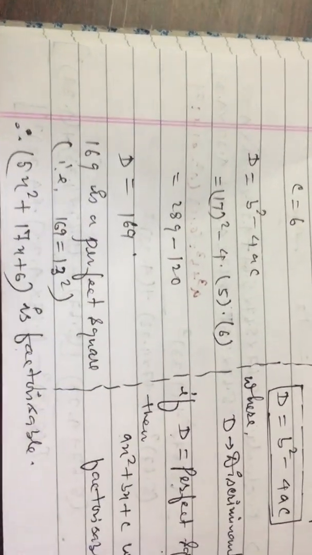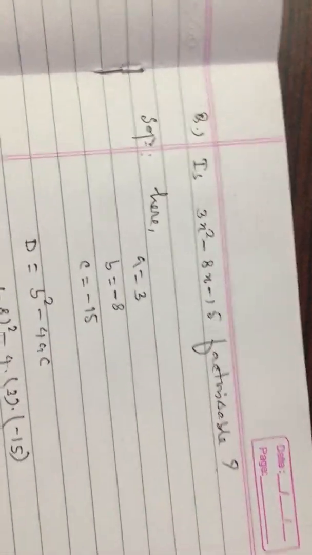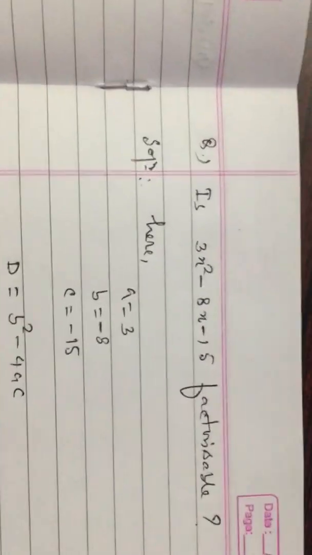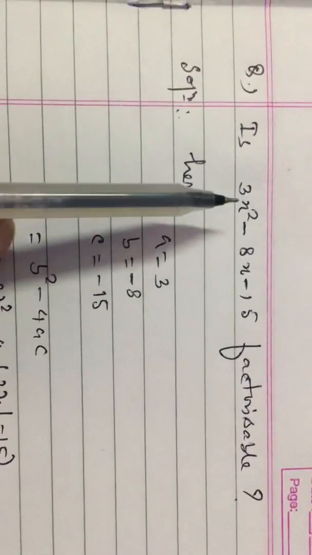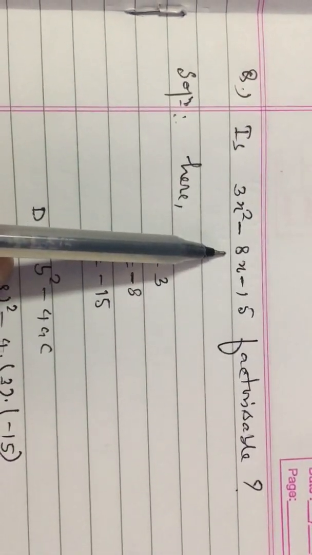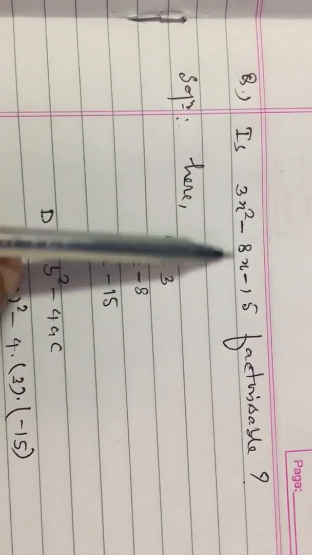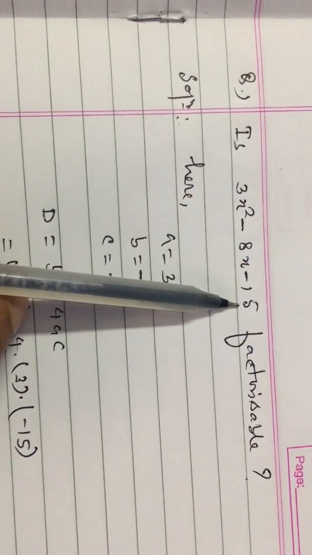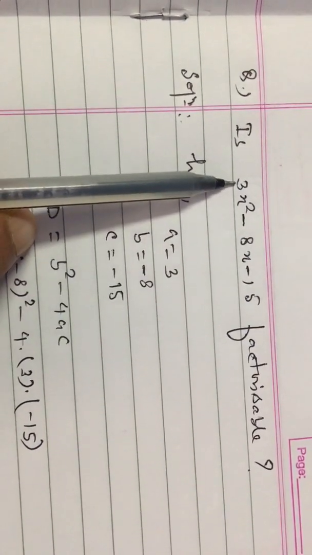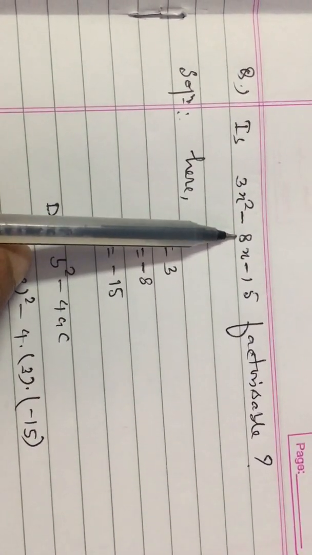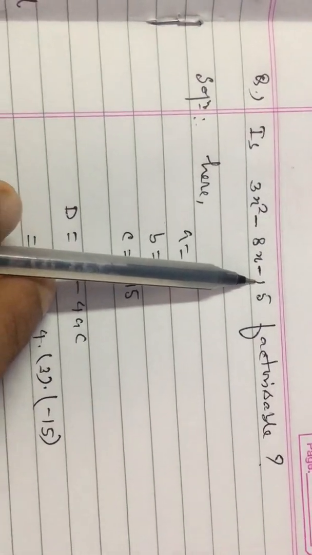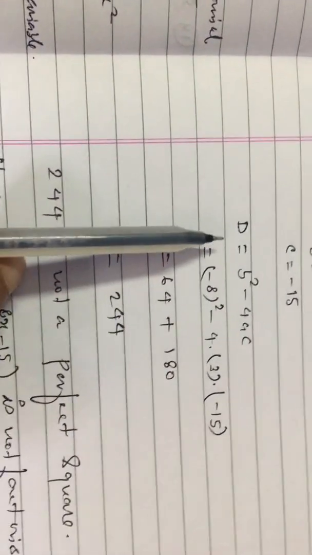Now see one more question of this type. Is 3x square minus 8x minus 15 factorizable? It is given in the form of ax square plus bx plus c. a is 3, the value of b is minus 8, and the value of c is minus 15. Now calculating the value of d.